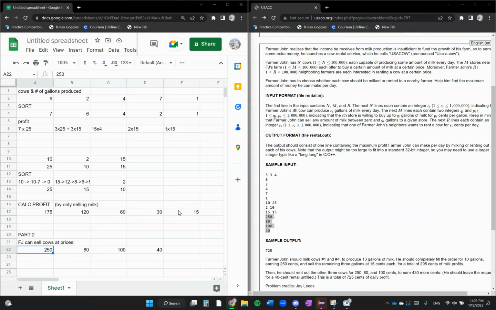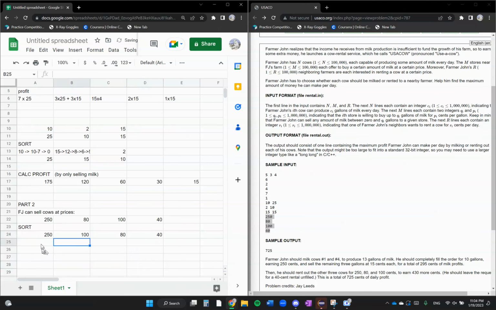But here, Farmer John is increasing his profit by 250 minus 15 cents, which is 235. So how can we optimize it? First, we can sort this. So it's 250, 100, 80, and then 40. And then we can compare it with these values in opposite order. So go through profits in opposite order.